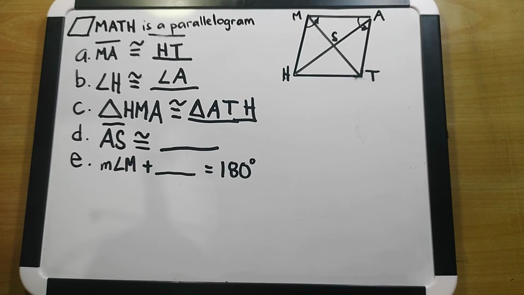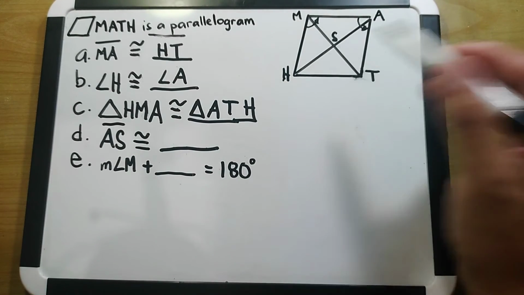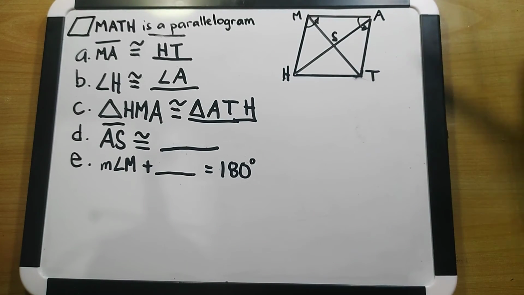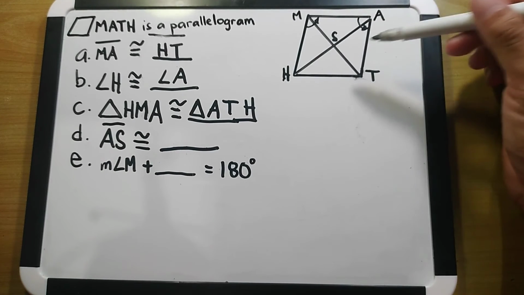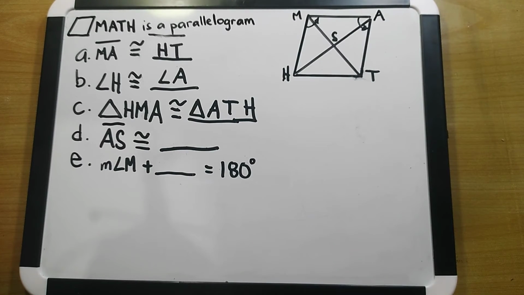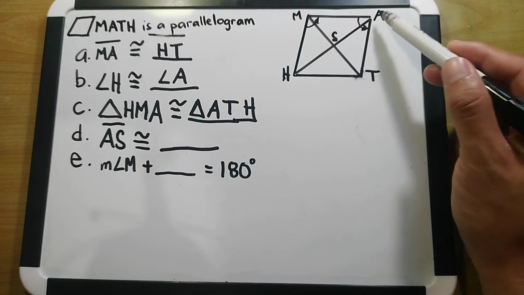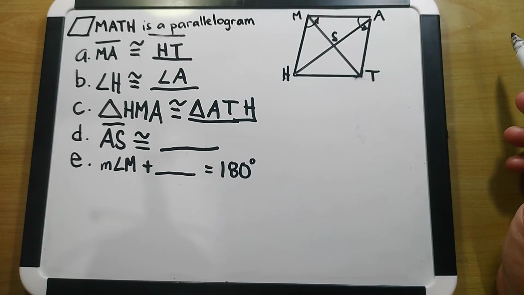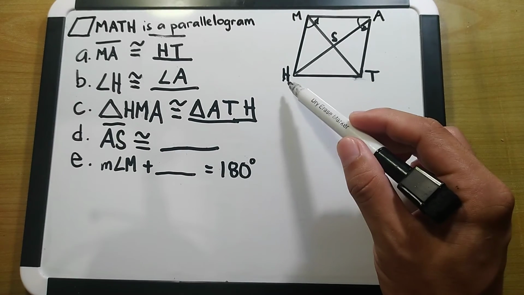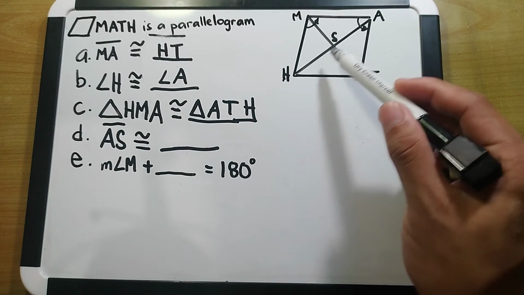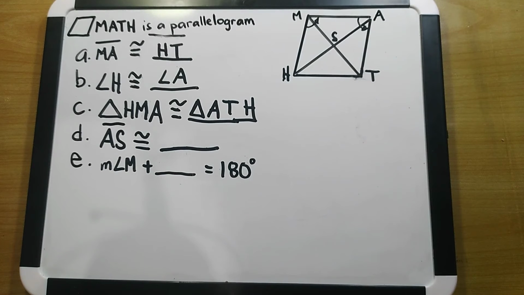Observe that diagonal AH is being bisected by diagonal MT. And in the middle, the midpoint S is formed. So diagonal AH becomes the two line segments AS and the line segment HS. So the answer to letter D is line segment HS.